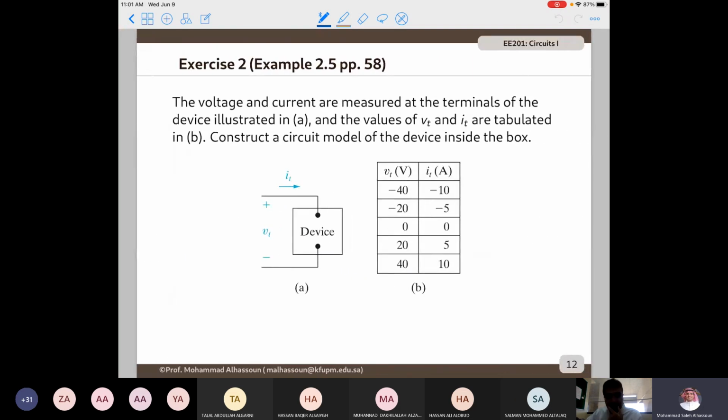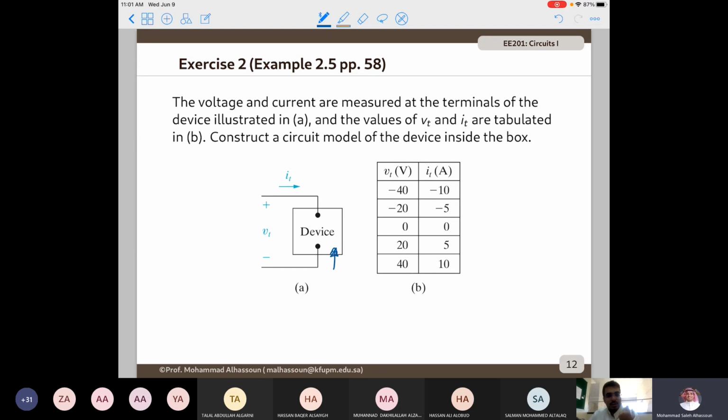So another way, like I said, is that we can have a black box, a device that we are not familiar with what's going on inside of it. And we can apply voltage and measure the current. That's what we did here. We have a device, and we don't know what's going on inside of it. We apply a certain voltage: negative 40 volt. We measure the current absorbed by this device, and we found that it's negative 10 ampere.